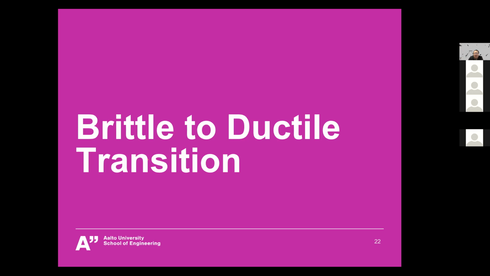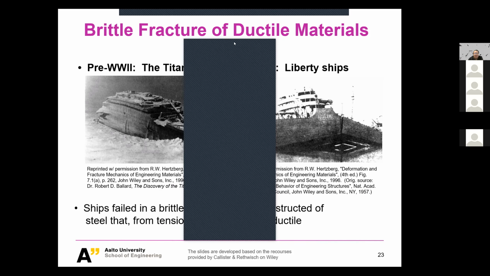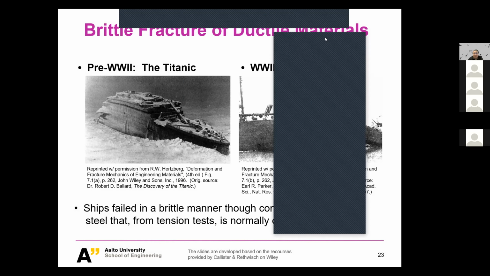We have brittle and ductile fracture. We also have the definition of brittle and ductile materials. Maybe you remember steel. Steel is a so-called ductile material, right? Remember that. And ceramics are typically called brittle materials, cleavage materials.